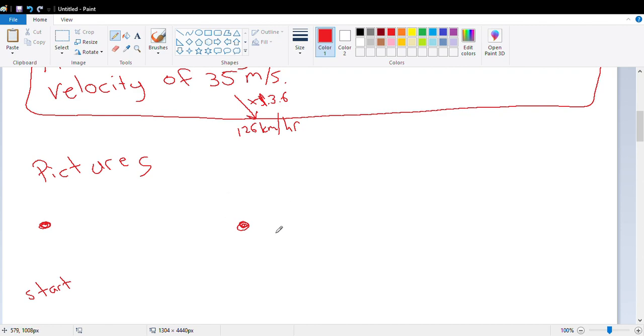And then we take another picture on our camera when the situation finishes. At this moment in time, there will be a certain speed. At this moment in time, there will be a certain speed. The object will have moved some form of distance to get from here to here. And remember, we use S for displacement.